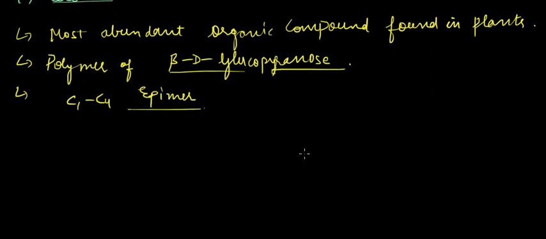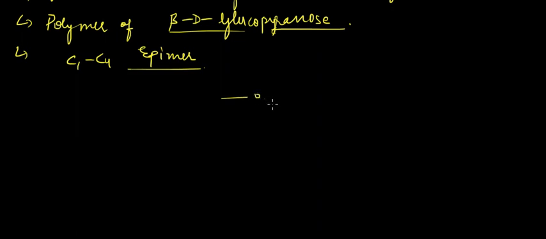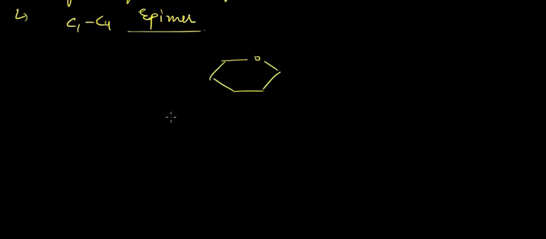Let's draw the structure of the same. For clarity's sake, I'm drawing just 3 units of beta D glucopyranose, but in reality there would be many. This one, and finally we'll have this one.